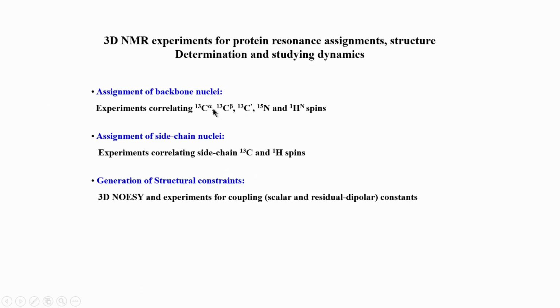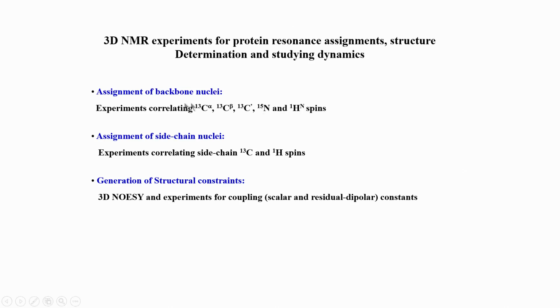Once you have achieved this assignment, meaning identification of each amino acid's chemical shift, for example, let us say I have 100 amino acids and 4 prolines. As I mentioned in the previous class, prolines do not have NH correlations, but otherwise I have 90 correlations in my HSQC spectrum, and every correlation should be assigned to a corresponding amino acid.